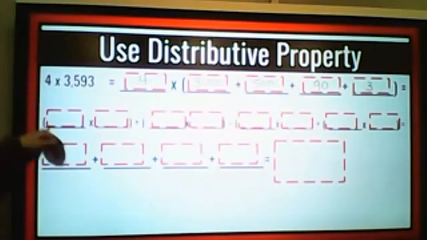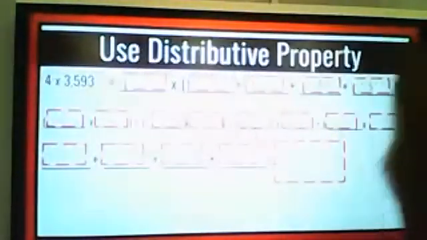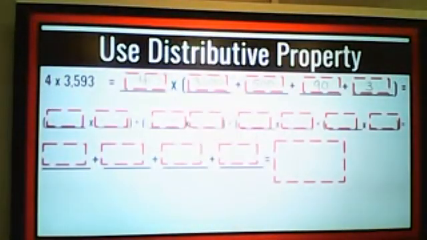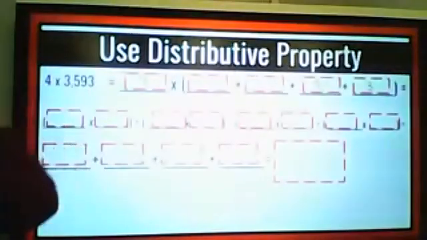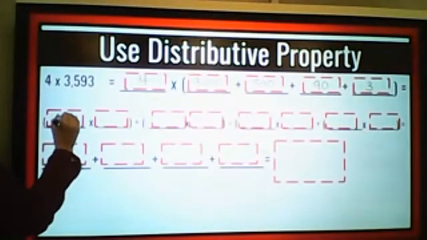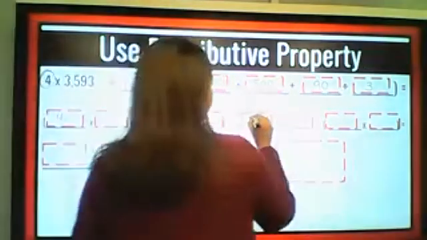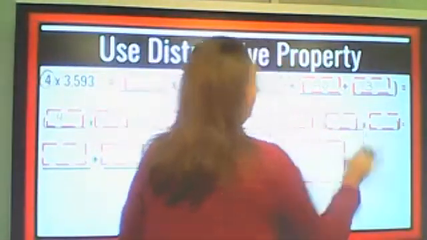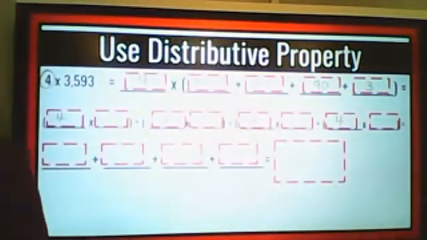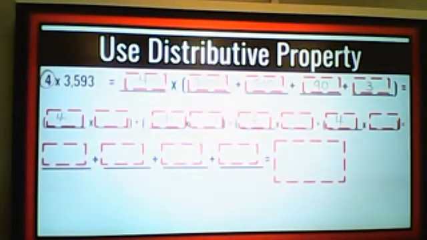Good. So what is going to go into all 4 sets of parentheses? 4. Good, because that's the thing that everybody's being multiplied by. Everybody is being multiplied by that 4 right there. So we can go ahead and take care of that from the jump, because everybody gets multiplied by 4.